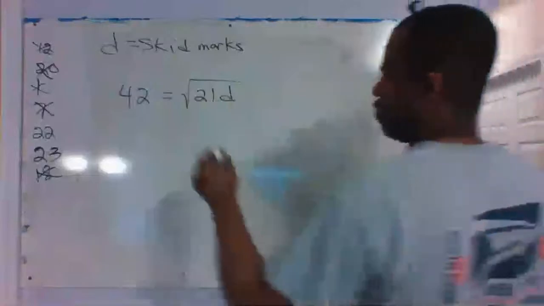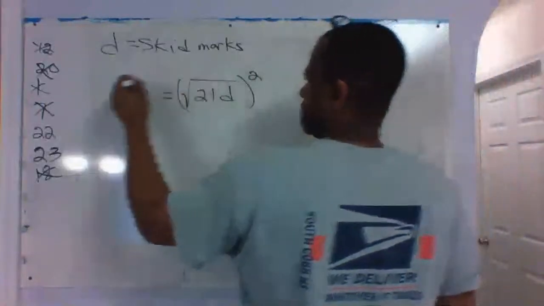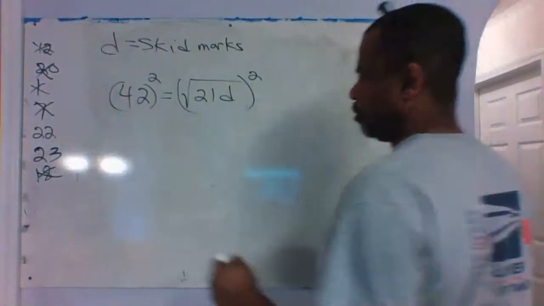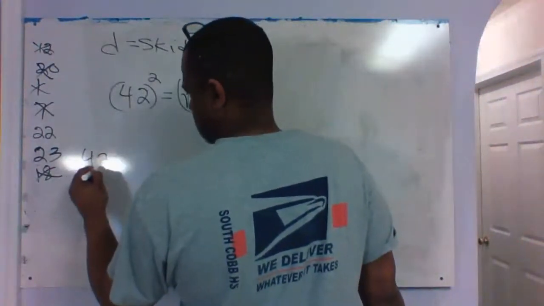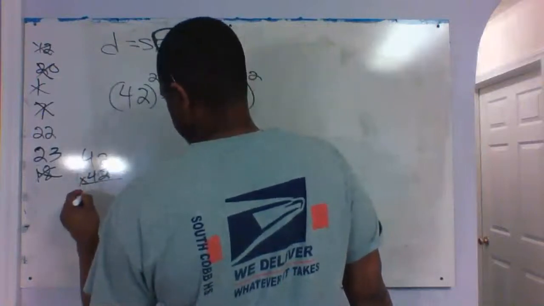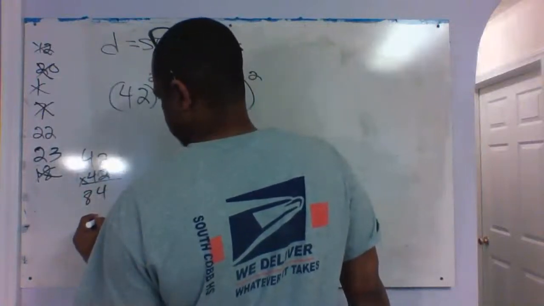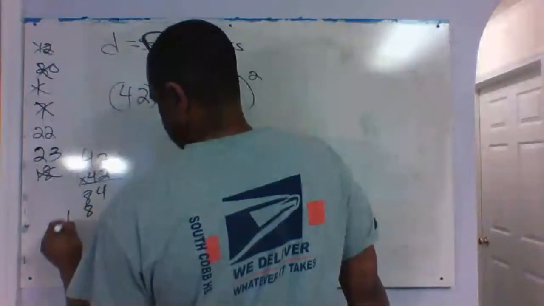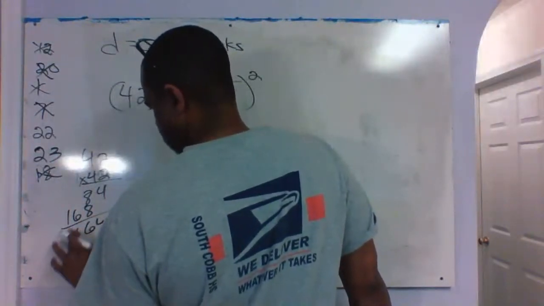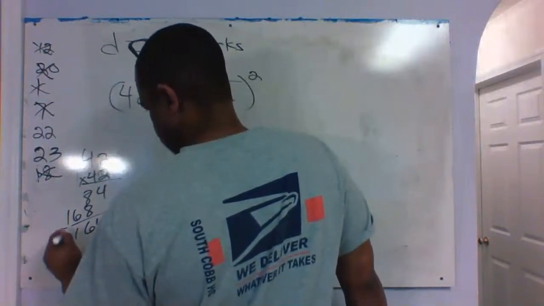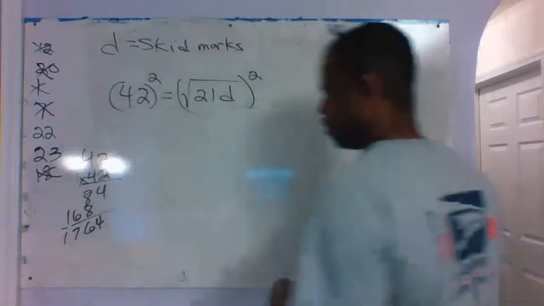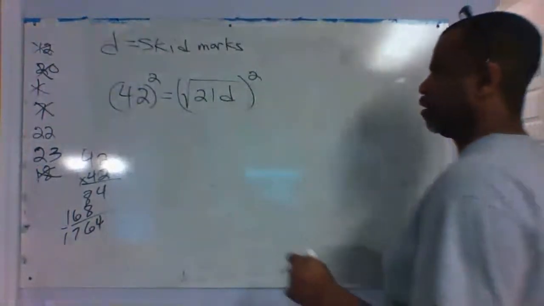Now we have to square both sides. So 42 times 42. That will be 84. Then 8, 16, 176. So that should give us 1764.